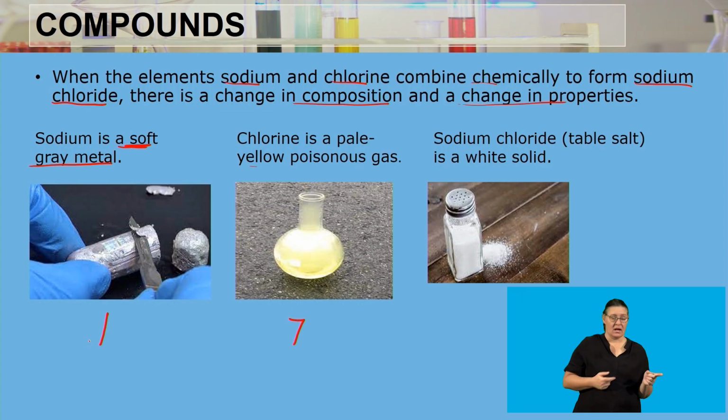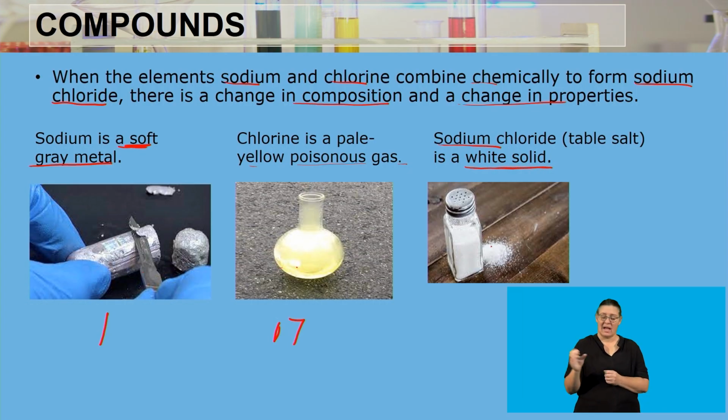Remember, elements in group 1 are called alkali metals, and elements in group 17 are called halogens. These two elements have different properties. One is a soft gray metal, and the other one is a poisonous yellow gas. However, when they combine to form a compound, they form sodium chloride, which is a white solid.